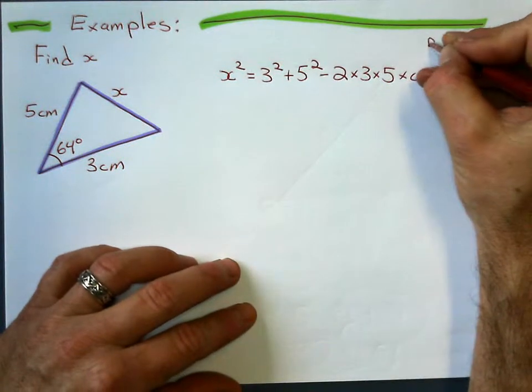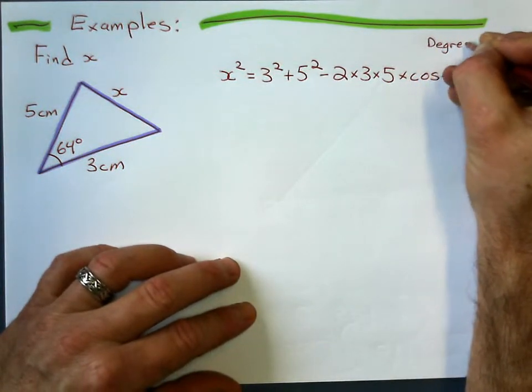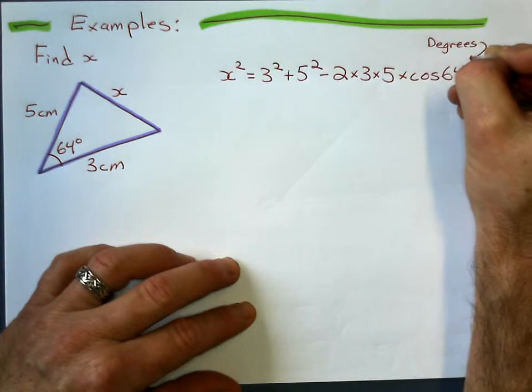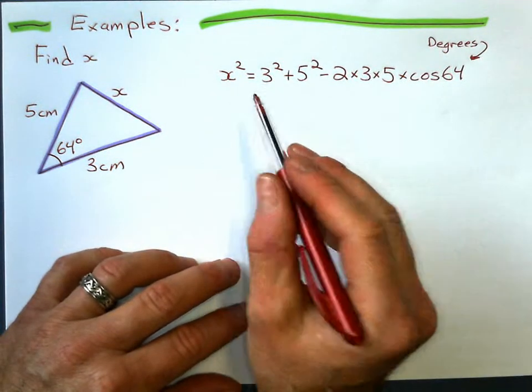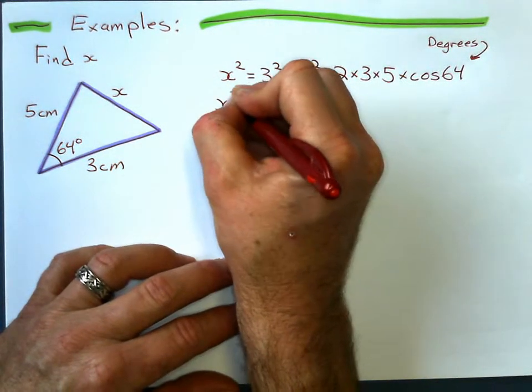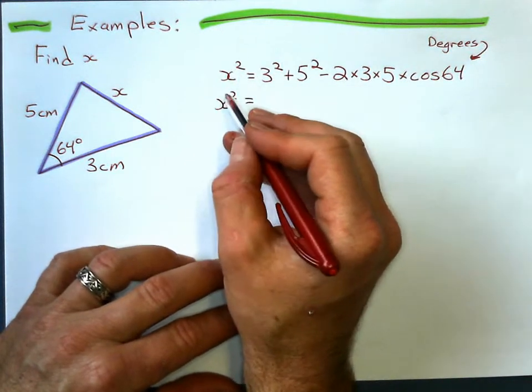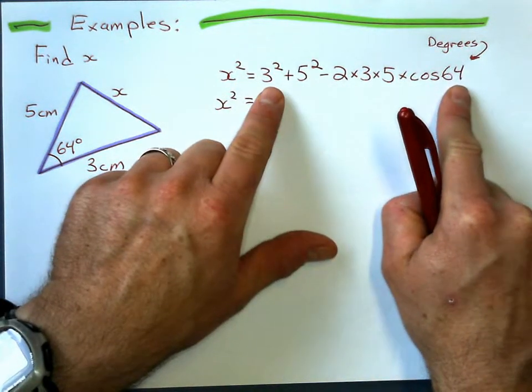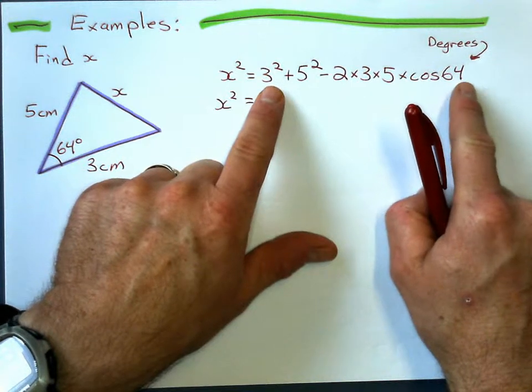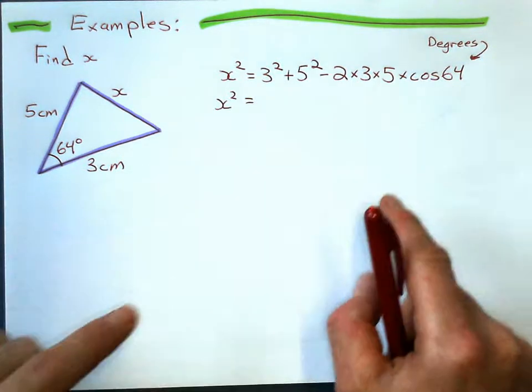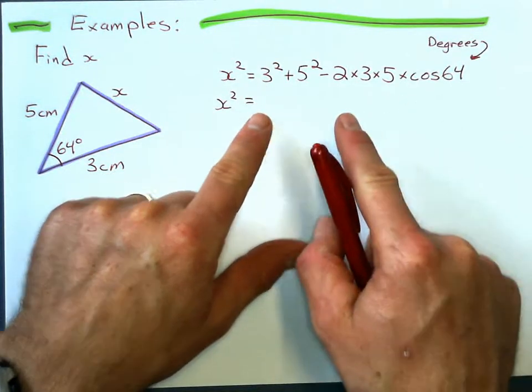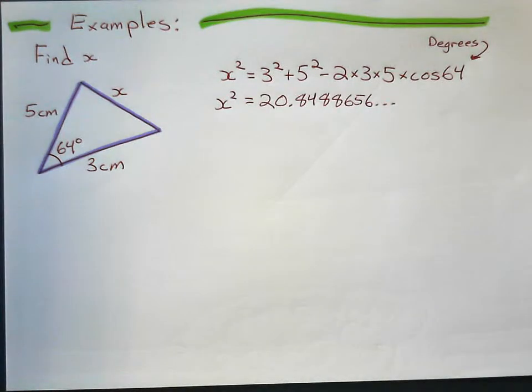Oh, by the way, degrees on our calculator, not radians. Notice this is squared. I'm going to simplify this big expression on the calculator, and I'll get one value for that. So let's do that.